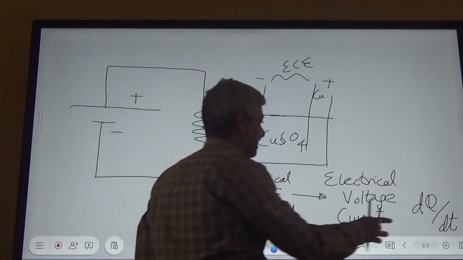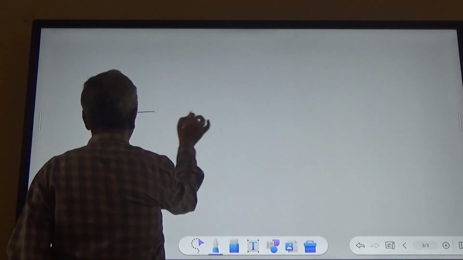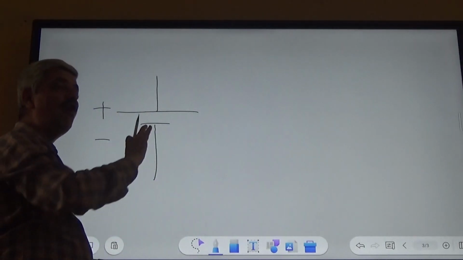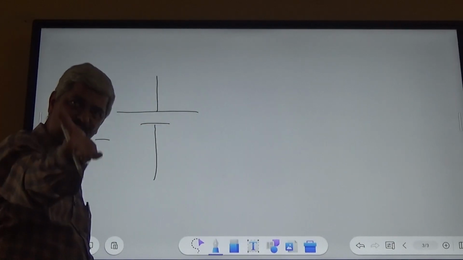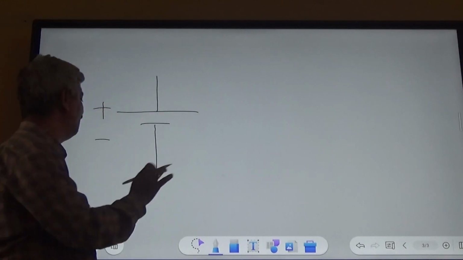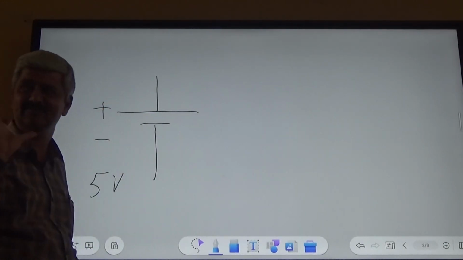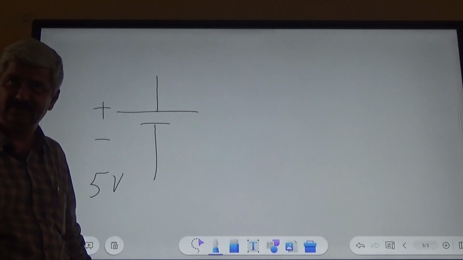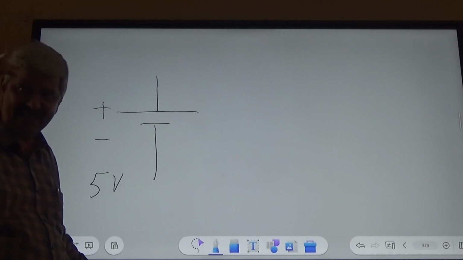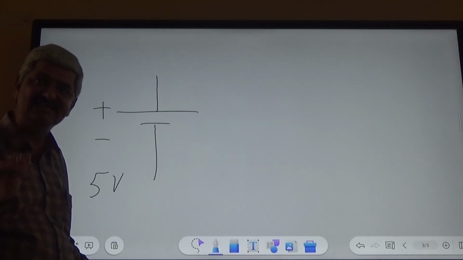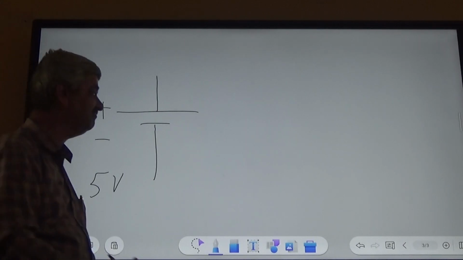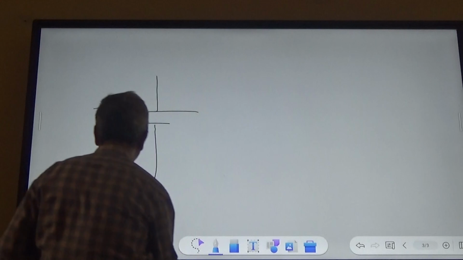Now suppose I have got a battery of such an electrolyte electrode combination whose electrochemical equivalent is 5 volts. I am deliberately taking a round figure. And the saturated capacity is such that it can supply a maximum of 50 amperes of current.